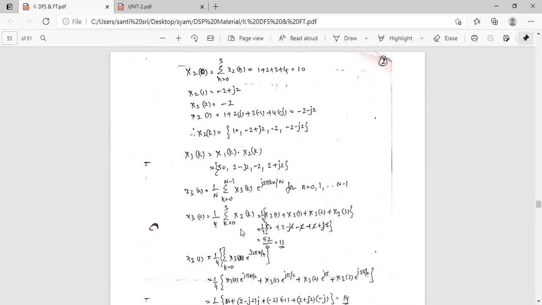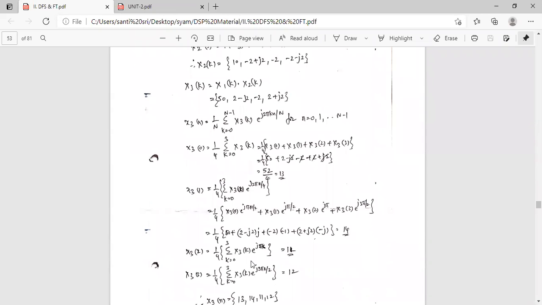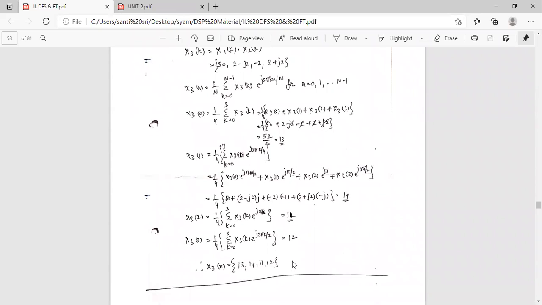So x3 of 0 is 13, x3 of 1 is 14, x3 of 2 is 11, and x3 of 3 is 12. So finally, x3 of n, the inverse discrete Fourier transform, is equal to 13, 14, 11, 12.